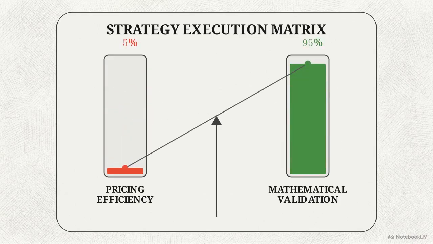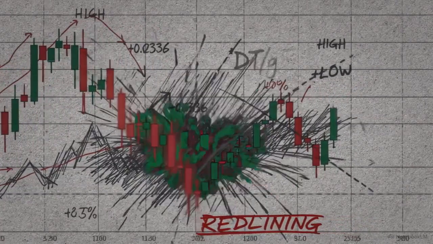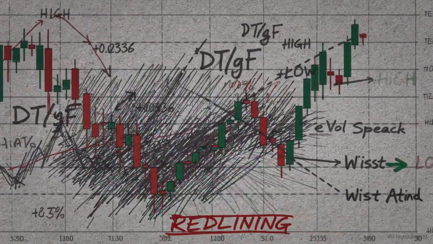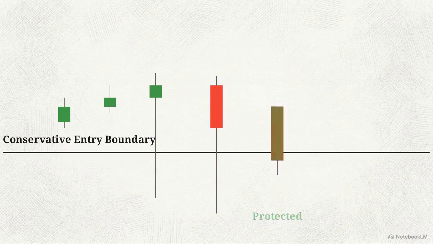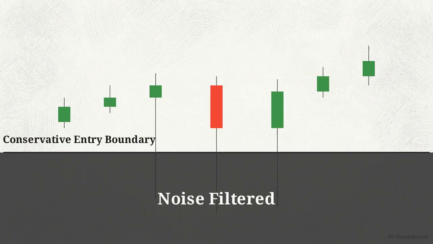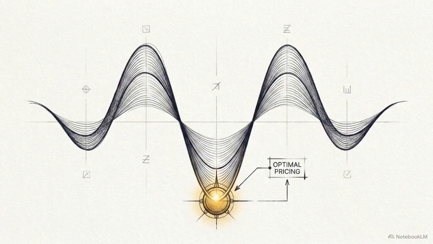The intentional delay filters out the noise and protects your capital from violent, false breakdowns. Conversely, when price hits a historically respected level and internal velocity shows clear, immediate exhaustion, the aggressive wave entry is optimal. It captures the premium pricing available precisely at the point of maximum structural tension.